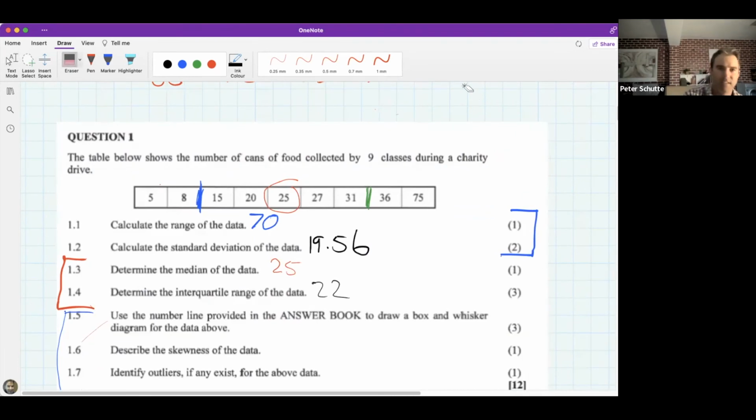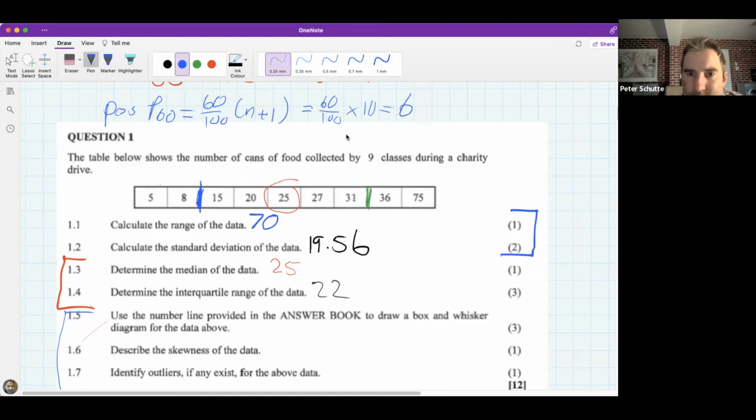So the way we find the 60th percentile is we just find the position of P60. So we do the position calculation, position P60. And that's going to be 60 over 100 times n plus 1. So n in this case was 9. So 9 plus 1 is 10. So what is 60 over 100 times 10? It is just going to be 6.